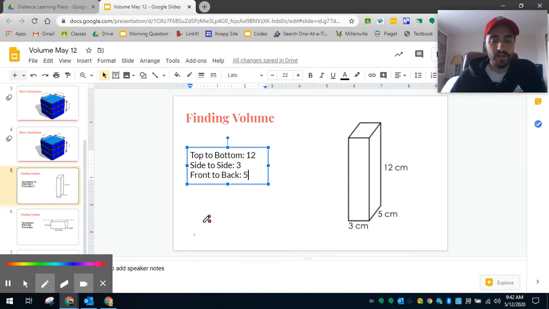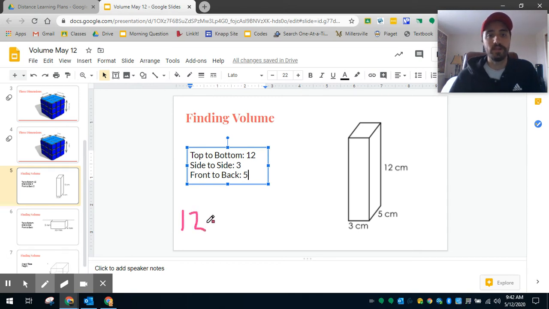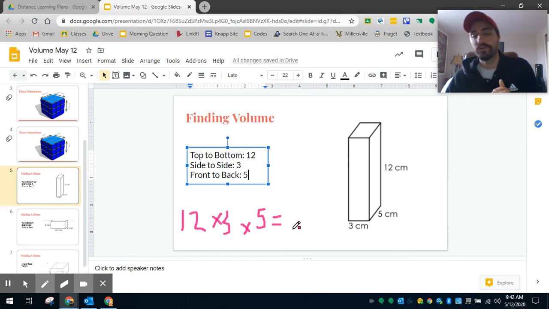So what do we do with them? To find volume, we multiply those all together. We multiply top to bottom times side to side times front to back. When we multiply them all together, you can use a calculator or you can use the area model, which is going to come up later.